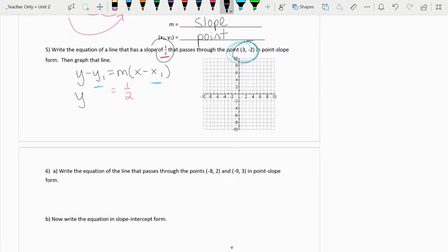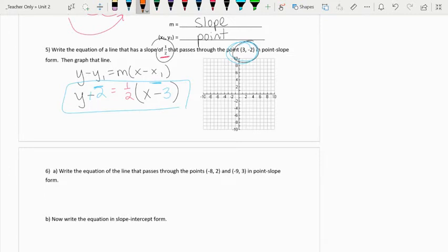So it would be y minus, our y value is -2. So if it's minus a negative, it becomes a positive. And then it's going to equal 1/2, and then x minus our x value, which is 3. So here is my point slope form.